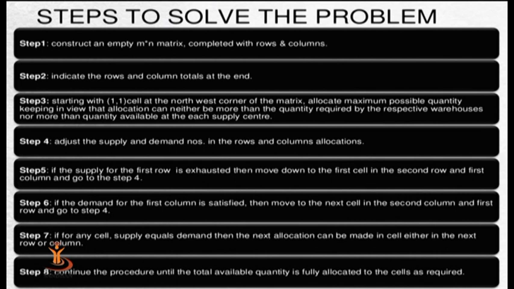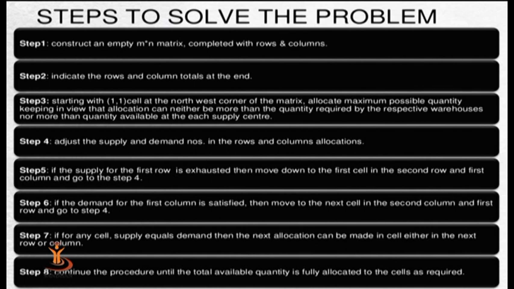When we are given a matrix representation of a transportation problem, we have to construct an empty m cross n matrix complete with rows and columns. Step 2 is to indicate the row and column totals at the end and check if the demand is equal to the supply.